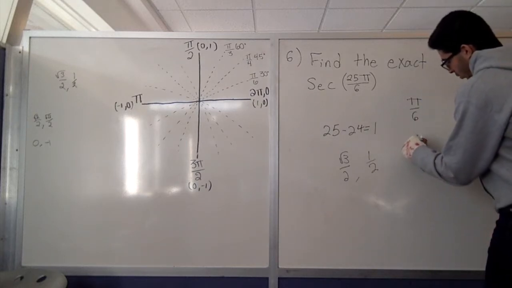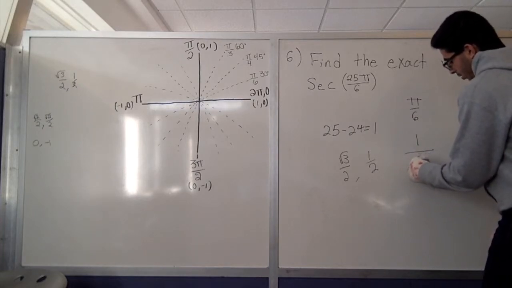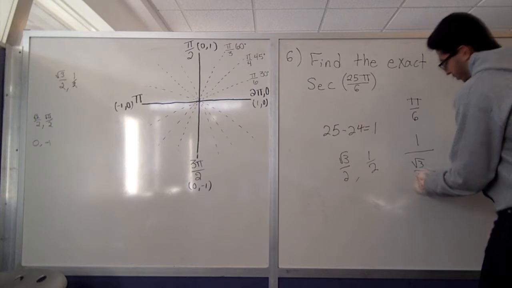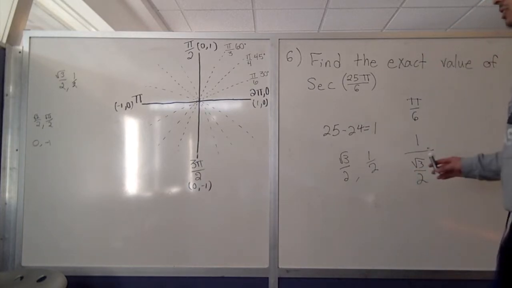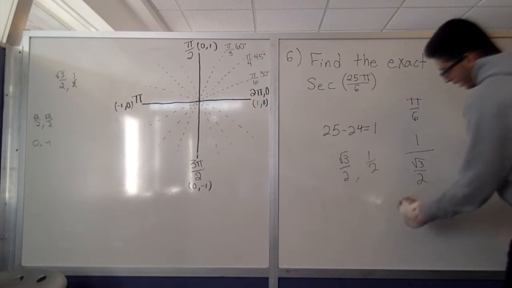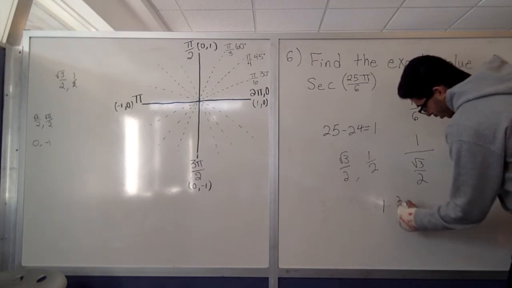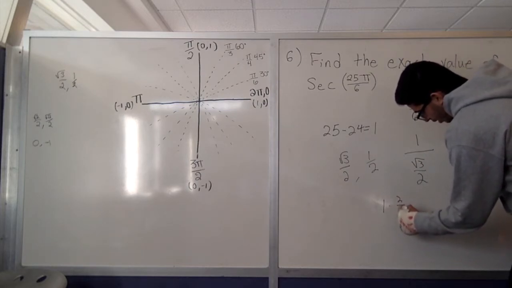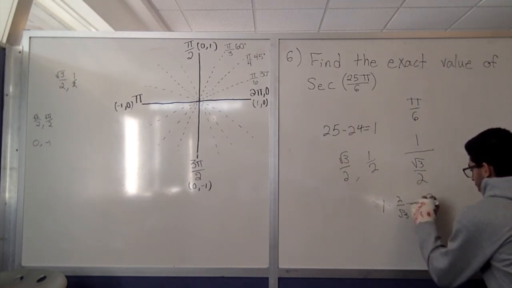So I'm going to write 1 over our x value, which is radical 3 over 2. And when you're dividing fractions, you have to copy, switch, flip. So I'm going to rewrite this as 1 times 2 over radical 3, which gives us 2 over radical 3.